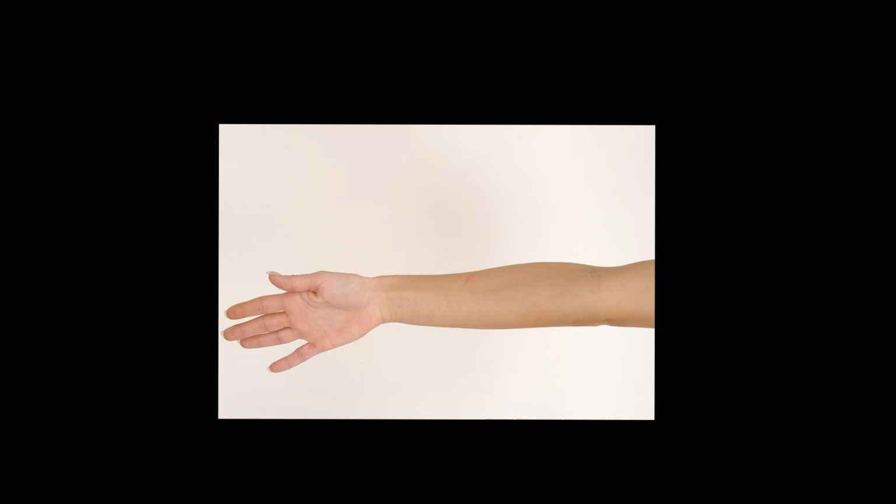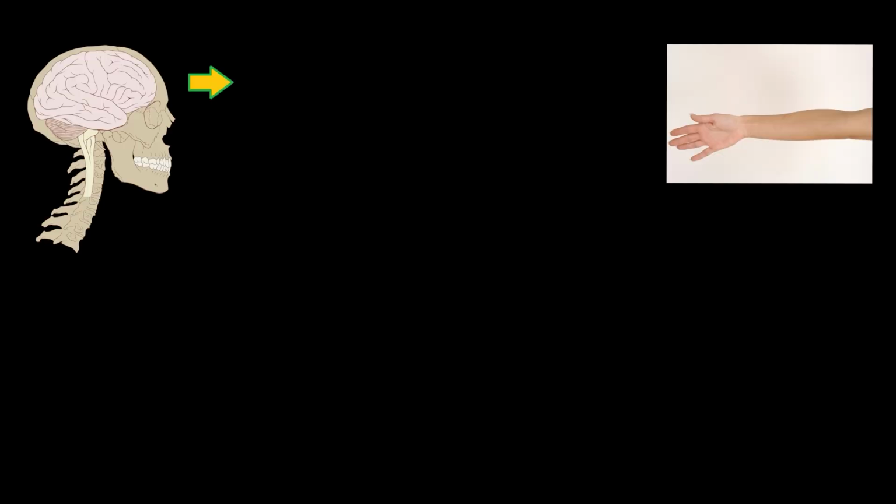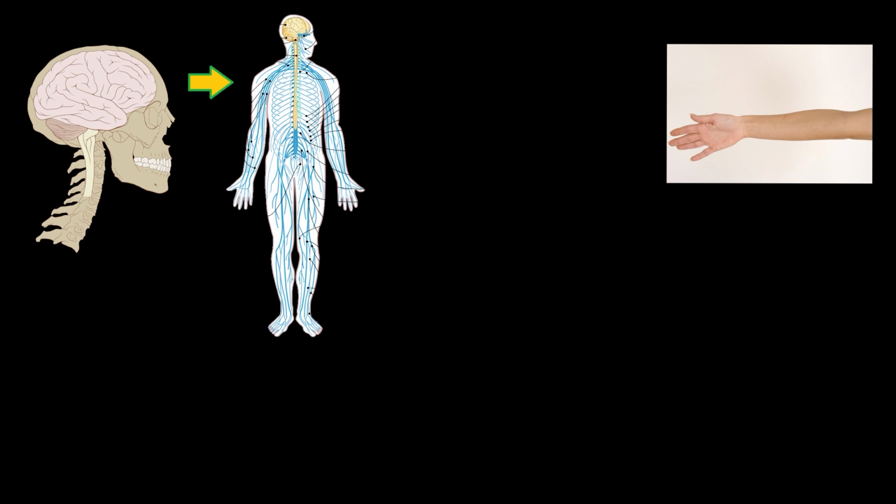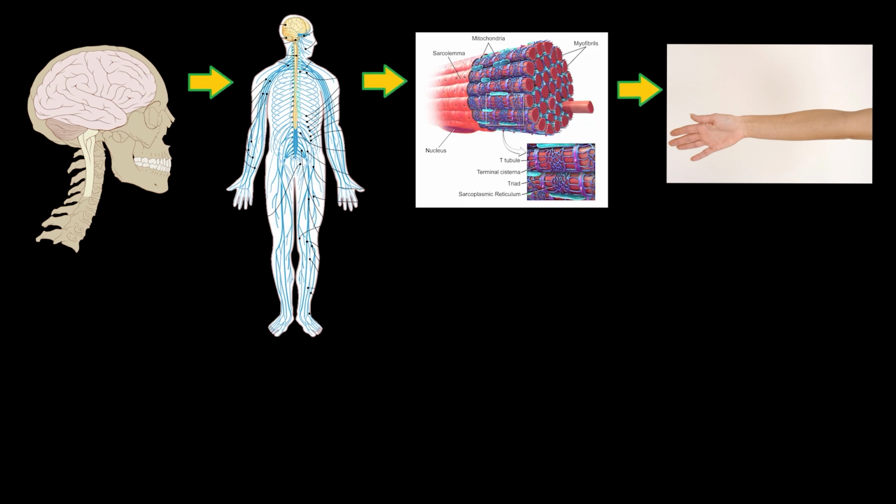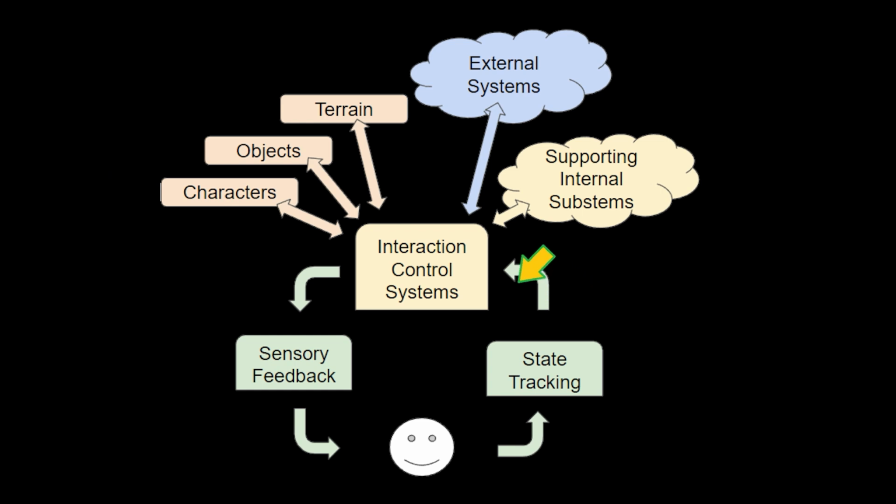So if our fingers or our arms were to have moved in a certain way, it would have come as a result of our brain sending out a signal through our nervous system, through our muscles, and then finally a button, a camera, a motion sensor would then detect that motion, and the detection of that physical change is the actual thing that triggers whatever it is in our system that's supposed to react to the human.